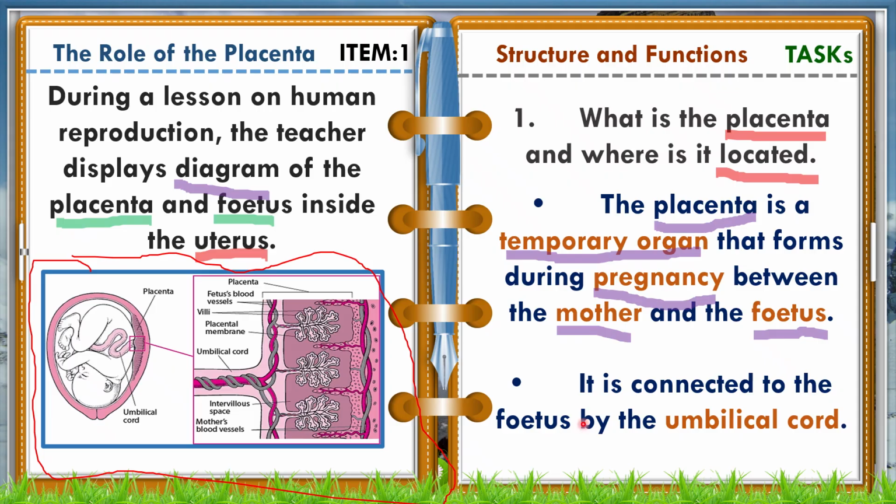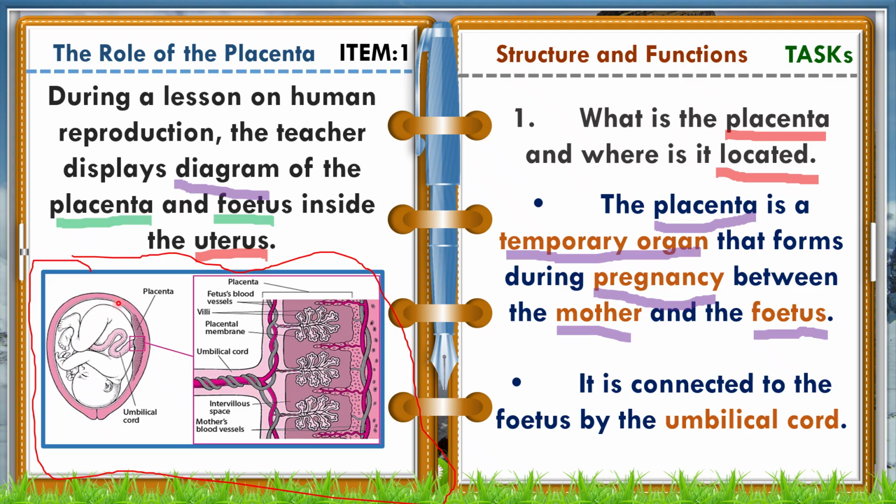So it is just a temporary organ, formed during pregnancy, and it is between the mother and the fetus. Now let's go back to our diagram. The whole of this outline that you are seeing is the uterus.